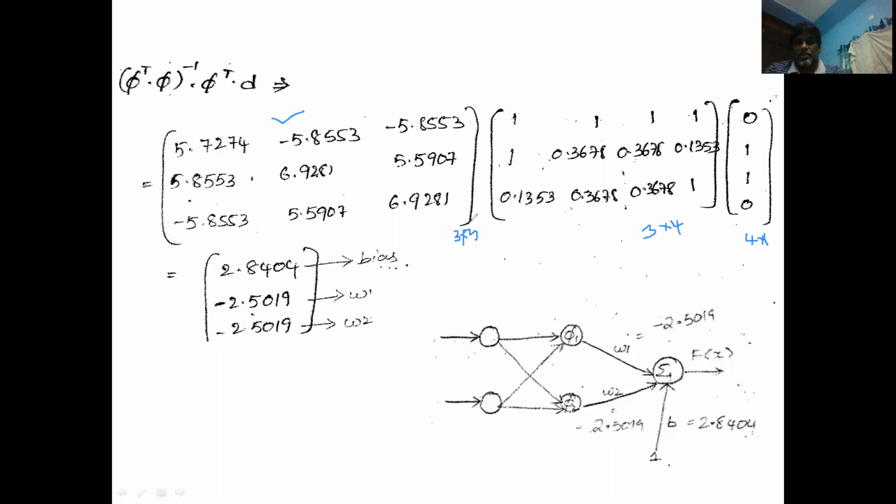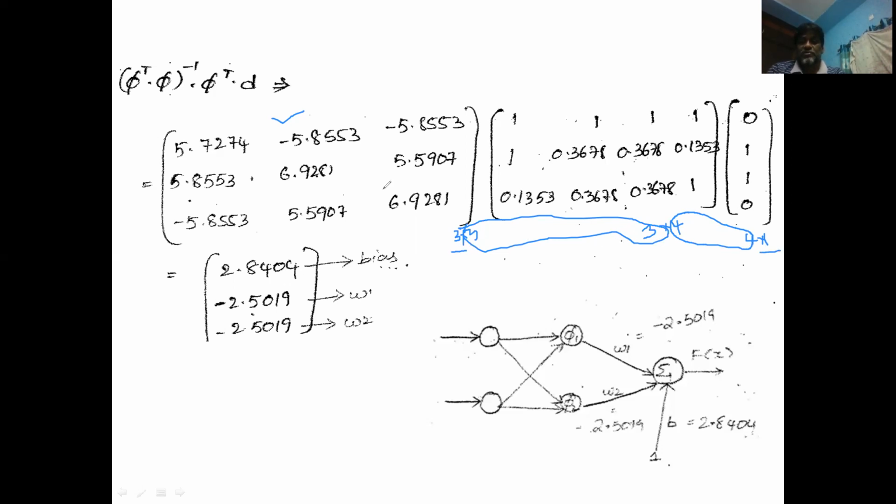Either you can start multiplying these 2 matrices, because the number of columns in the first matrix is same as the number of rows in the second matrix. Then you will get a 3 by 4 matrix, and then you can multiply it with 4 by 1. So finally you will get a matrix 3 by 1.